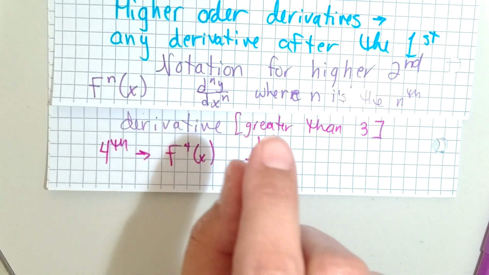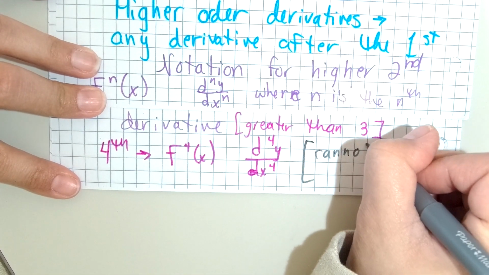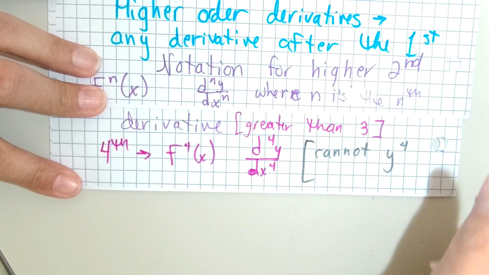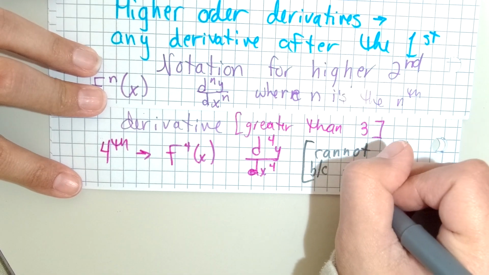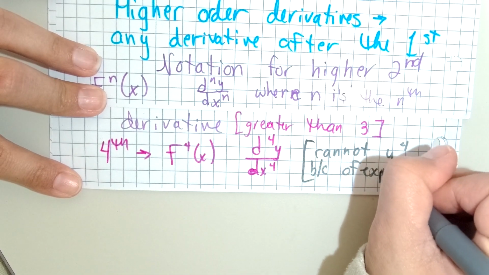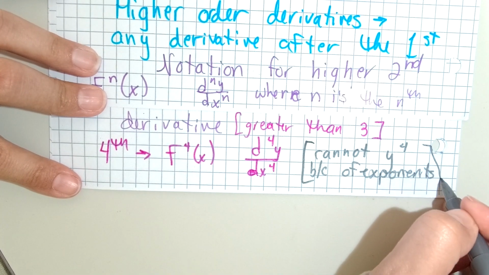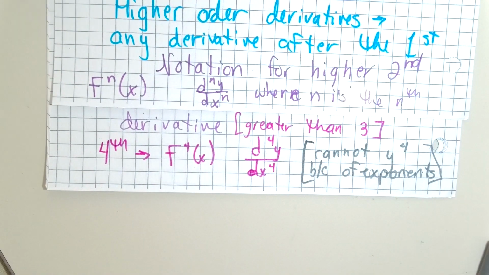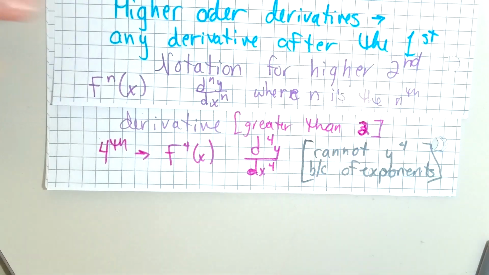We cannot do, in this example, y to the 4th, because this is an exponent. Oh, I'm sorry, this should be greater than 2. I was right. Greater than 2, not 3.